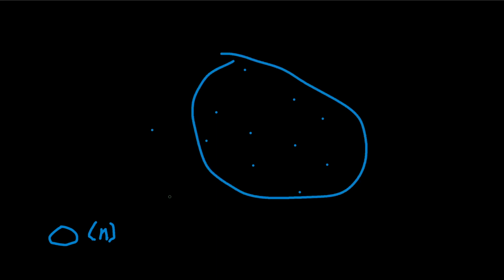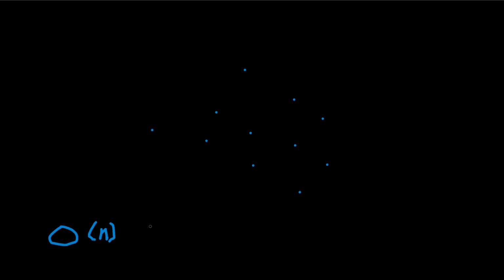Now, one last question we have to ask ourselves is, what is the runtime of the gift wrapping algorithm? So given all these points, we iterated through all the points once in order to find the leftmost point, which takes O of n time. And then we started at the leftmost point, and then we iterated through all the points again in order to find the next point.